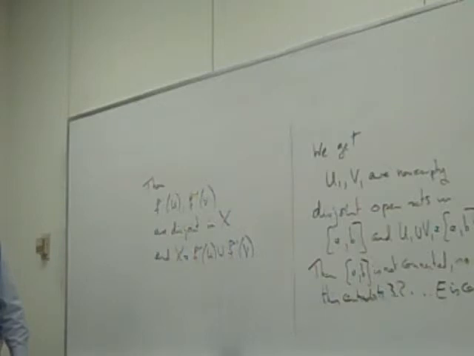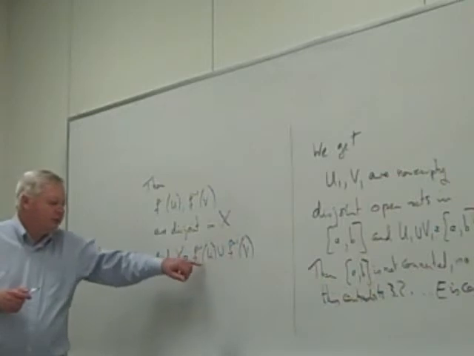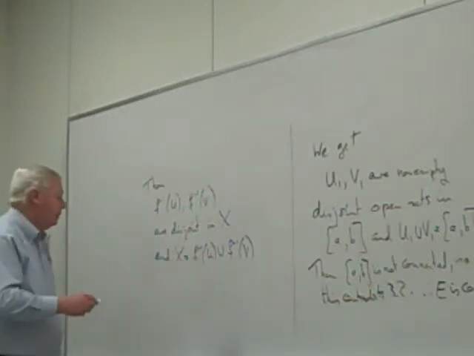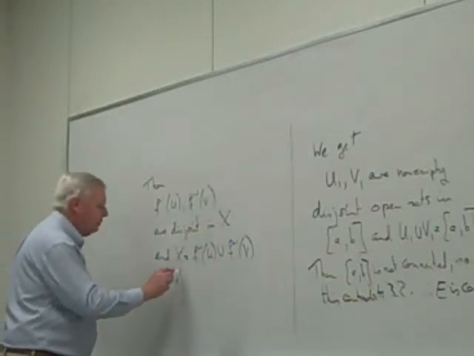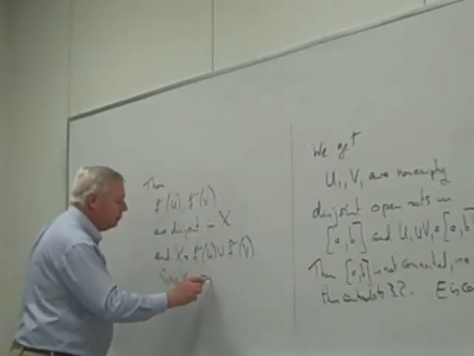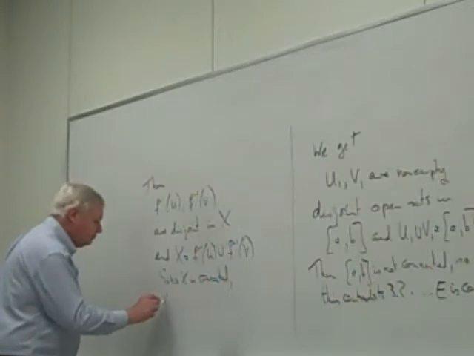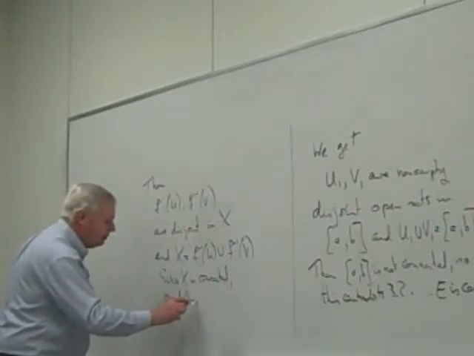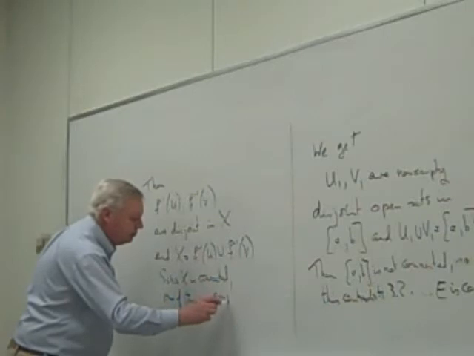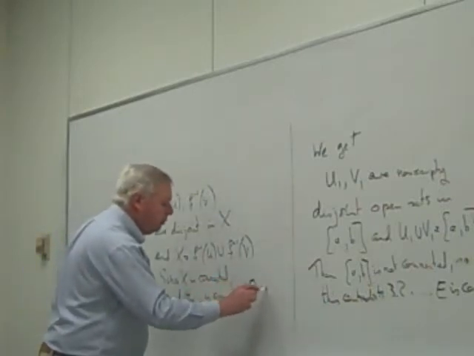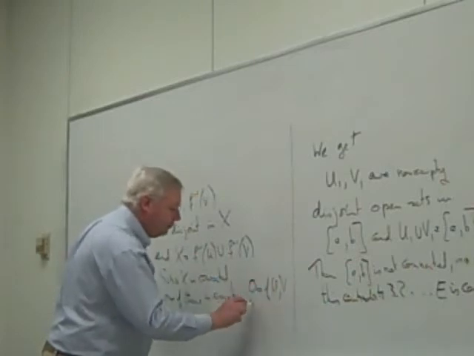Now, we're assuming that X is connected. So if you have X written as a disjoint union of two open sets, the only possibility is that one of them must be empty. So since X is connected, one of these is empty. And therefore, one of U and V is empty.